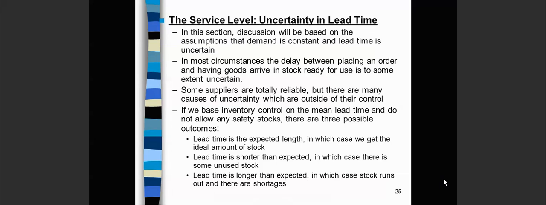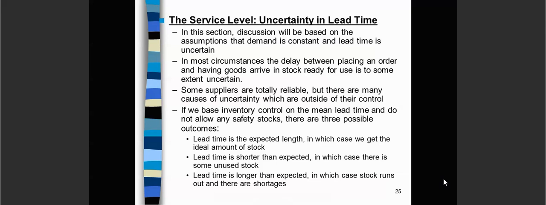Tiba-tiba supplier hantar awal lagi daripada 5 hari. Dia hantar 4 hari. Jadi ini akan menyebabkan berlaku lebihan stok lah kan. Kita predict inventory kita akan berkurangan pada hari yang kelima tersebut dan kita akan terima pada hari kelima tersebut. Tetapi inventory itu sampai awal. Jadi akan berlaku lebihan stok kepada pengurusan inventory kita.